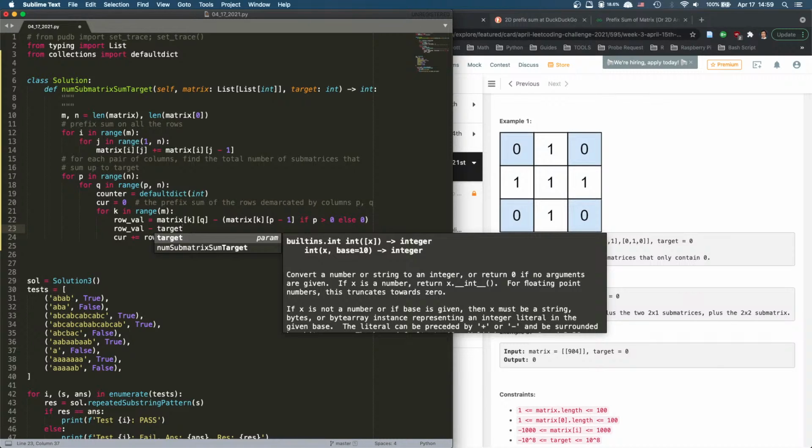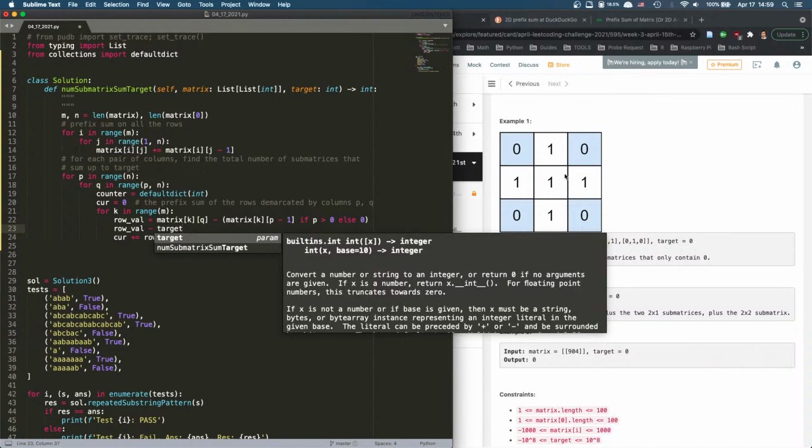Row val minus target, if there exists in our counter. If that exists in our counter, that means there exists a cumulative sum ahead of us when we do the current row plus, come on, almost there. That's not right. We do not use the row value to do it. No. We need to use the cumulative sum.